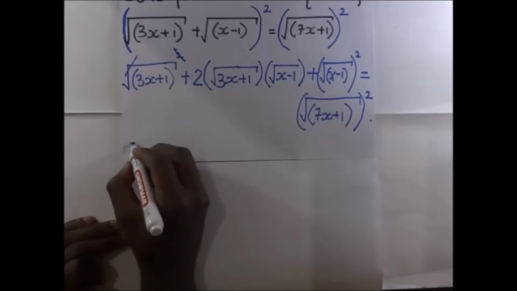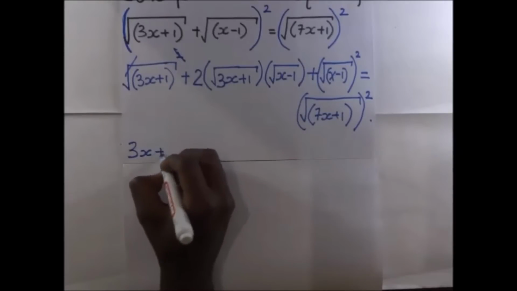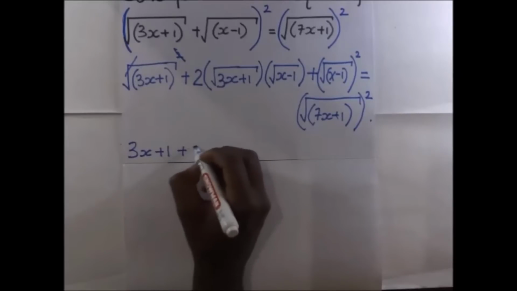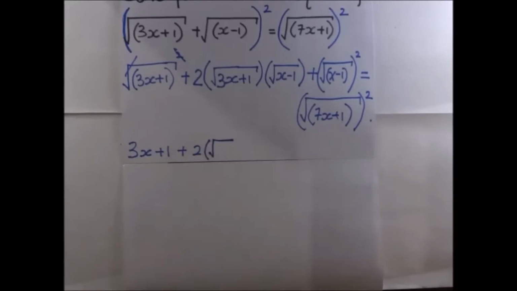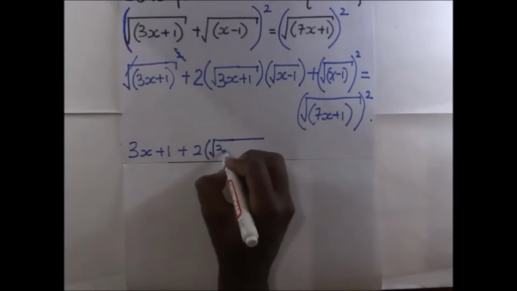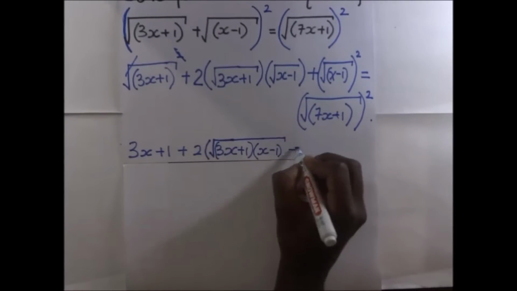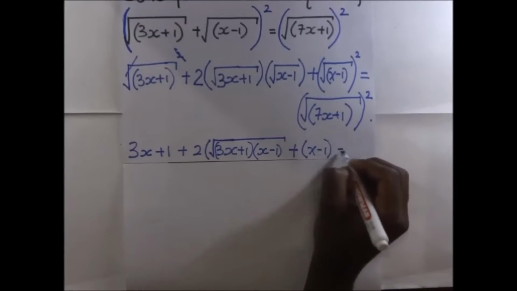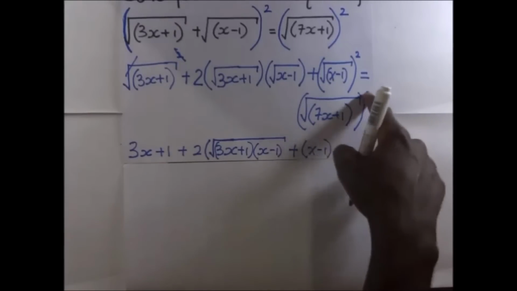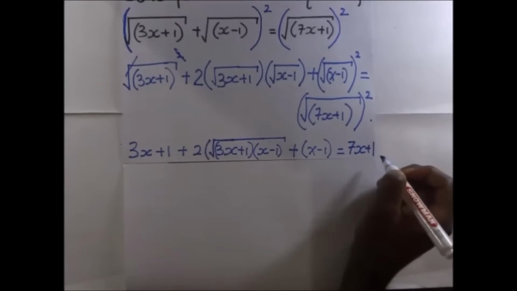So we are going to remain with 3x plus 1 plus 2 into that, plus that, is going to give us this squared. This square root sign goes with that, it remains like that.